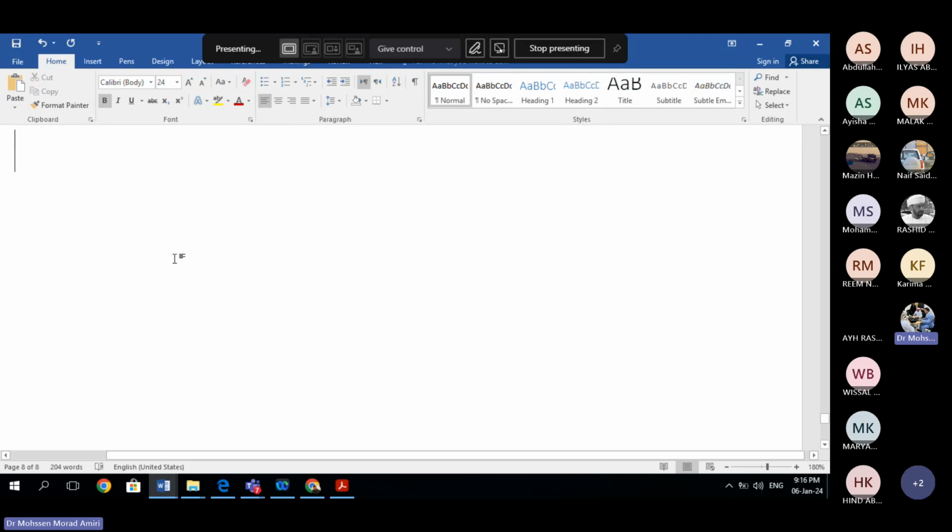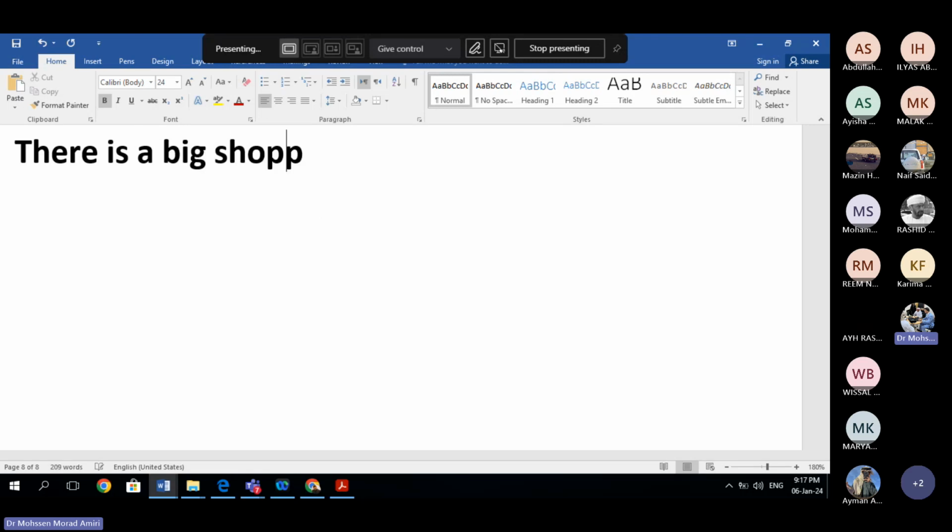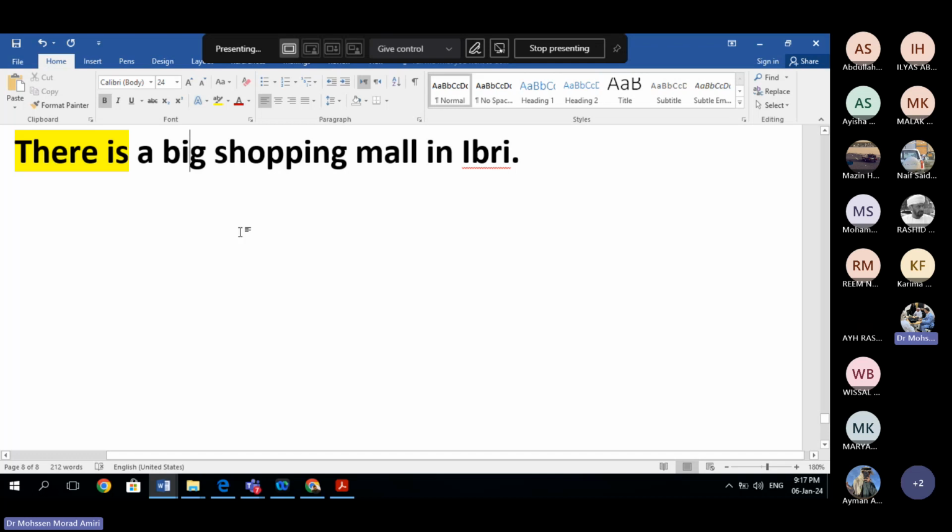See, when something is singular in present, we say there is. For example, there is a big shopping mall in Ibri. Okay, يعني يوجد. Here it is in present. خلي, there is and يوجد, but we're talking about present. Okay, how to make it past?